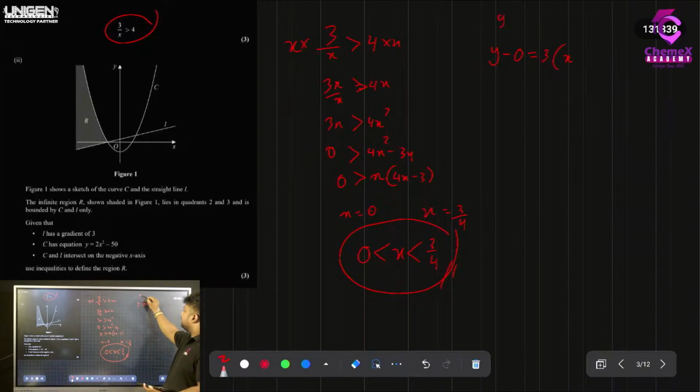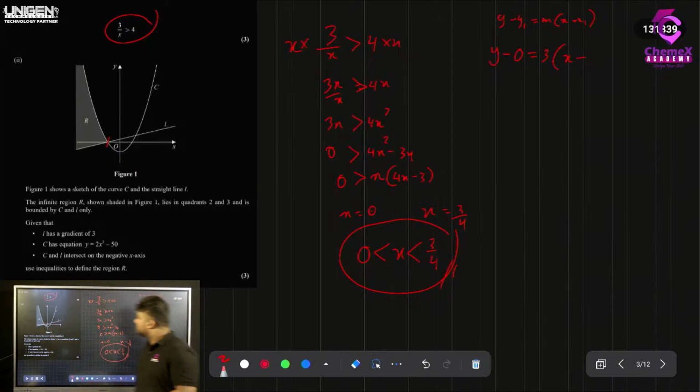Remember this equation? I'm using that. x is unknown, so this value is unknown. So I'm putting x. And what is x naught? Do they give one coordinate? Have they given any coordinate in the question?